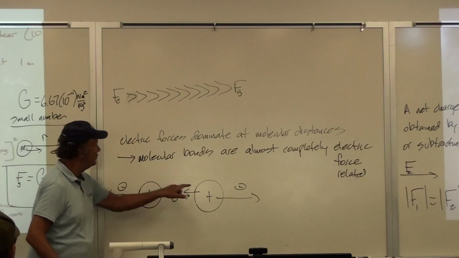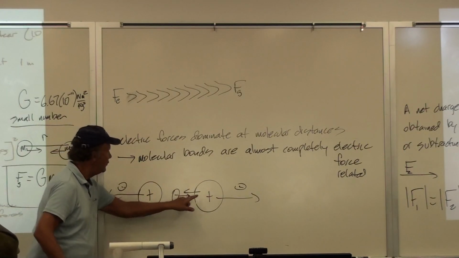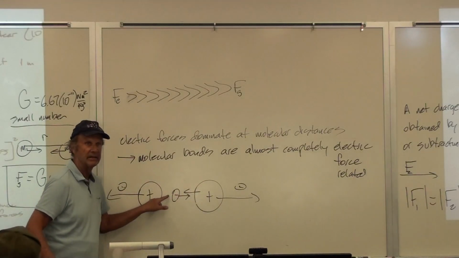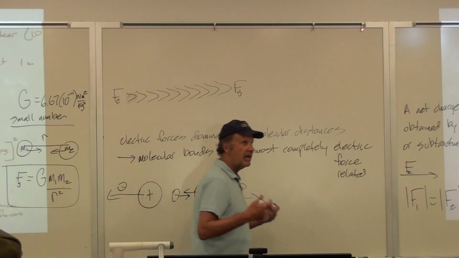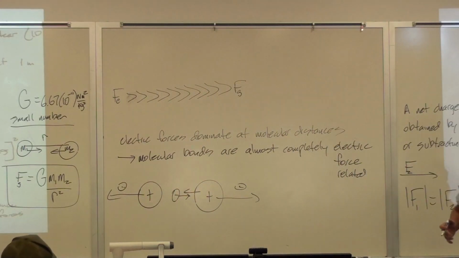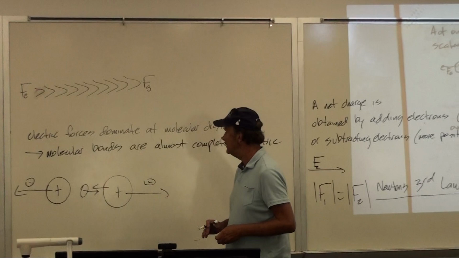The attractive forces are between positive and negative. And the repulsive forces are between positive and positive and negative and negative. So conceptually, it's an easy process. Now, actually doing the calculations isn't easy in many situations. But the idea is very simple.